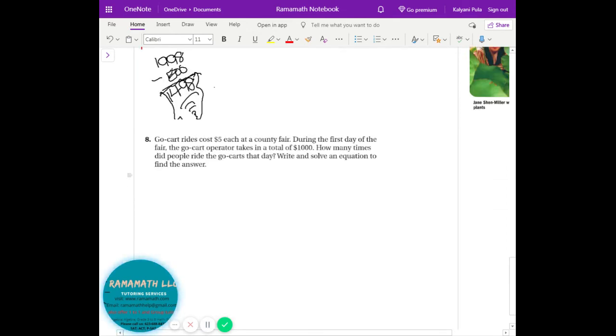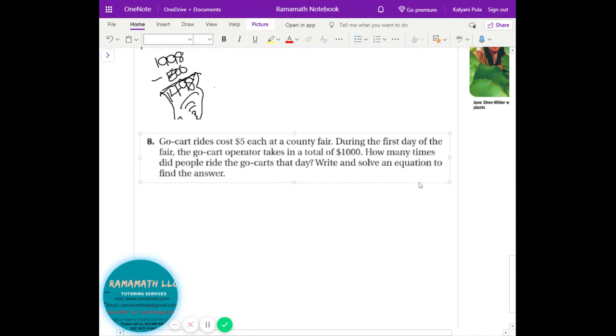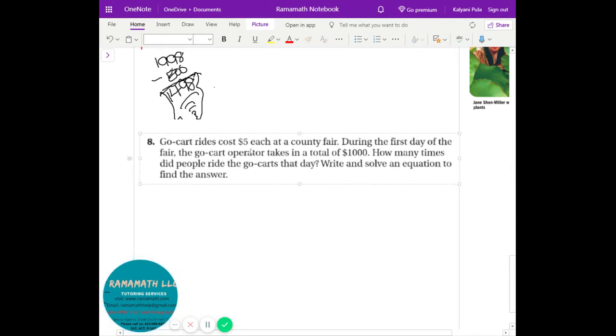Since you're interested in go-karts, let's do the question on the go-kart. A go-kart ride costs $5 at a county fair. During the first day, the operator got almost $1,000. So how many people did the ride of the go-kart? Let's write an equation and then we can find an answer. Write down the equation, that's the priority.